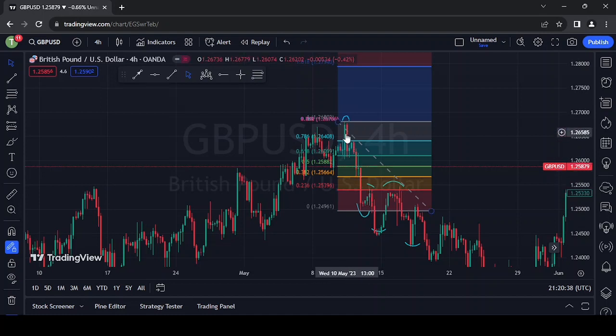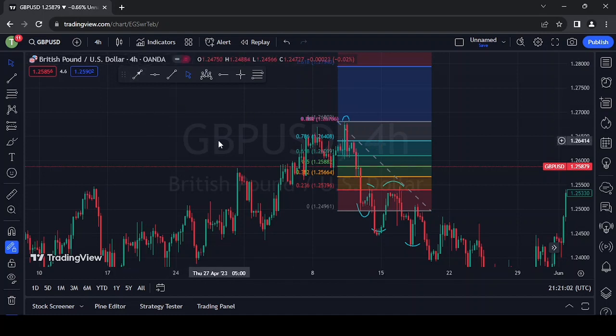Once you place that, you can see this line is the 23.6%, then this second line is the 38.2%. This is the 50% Fibonacci. This is the 61.8% Fibonacci. Then this is the 78.6% Fibonacci. Now, I'm on TradingView.